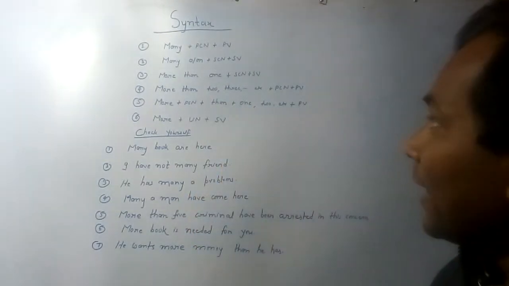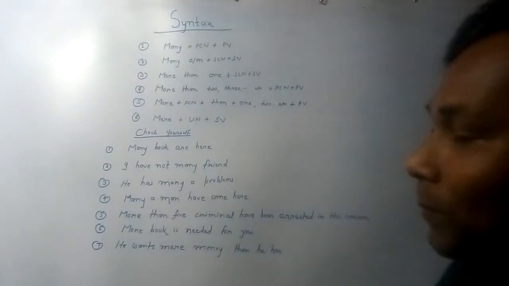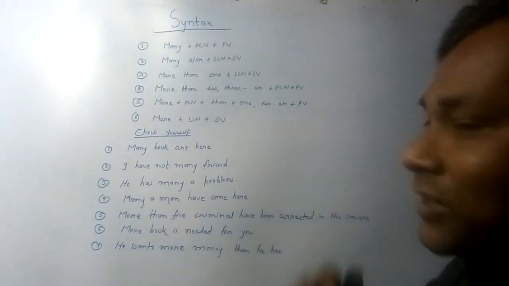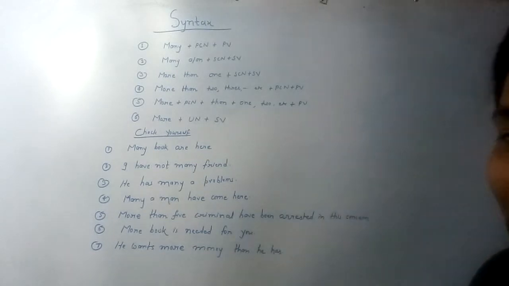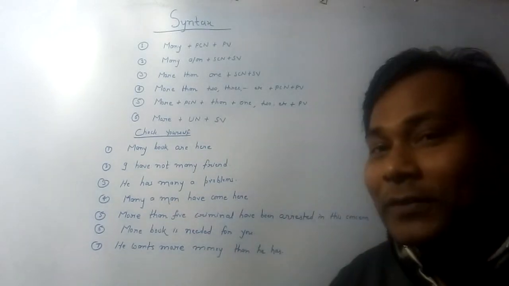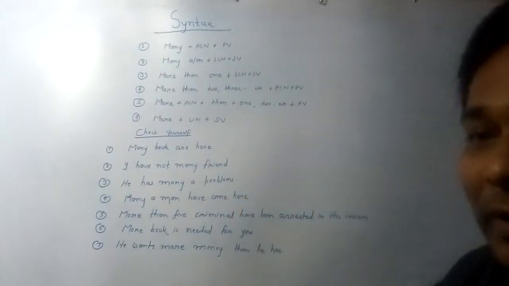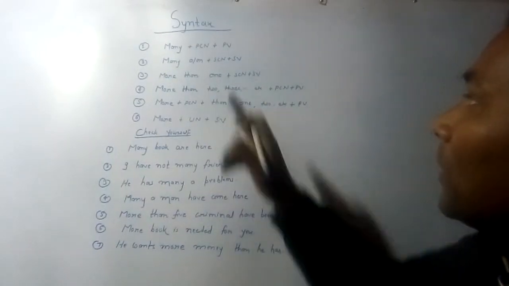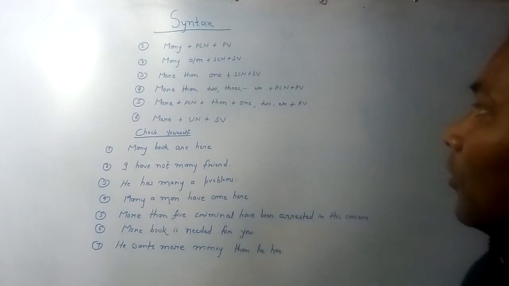Many a plus singular countable noun plus singular verb. According to this rule, you can follow the structure. After following the structure, you can observe that many is used in a different way in this structure. Many a plus singular countable noun plus singular verb. Okay.